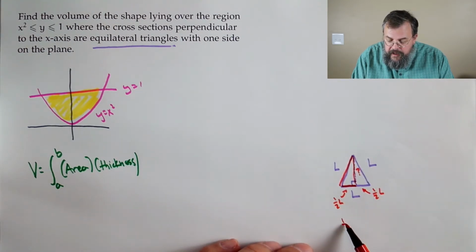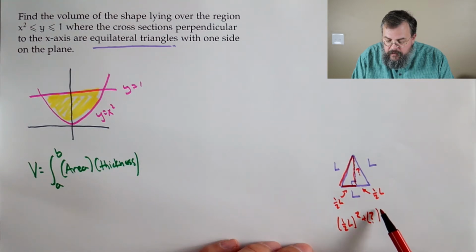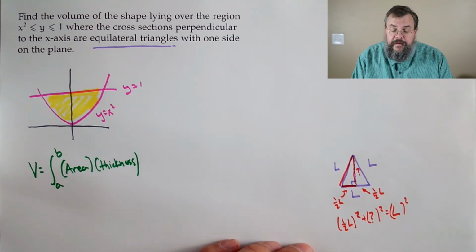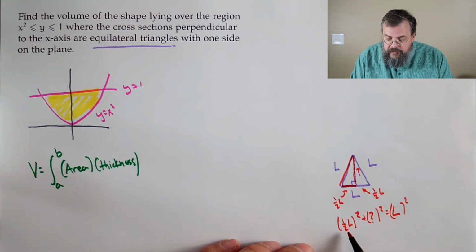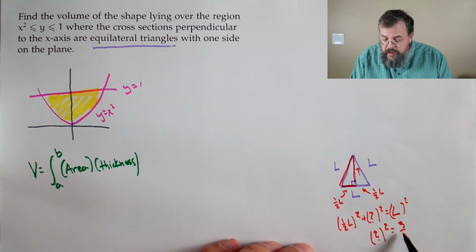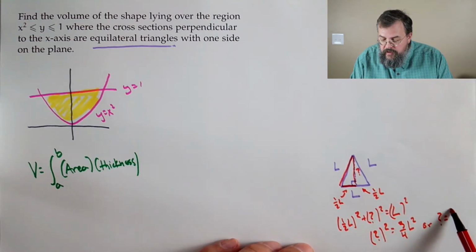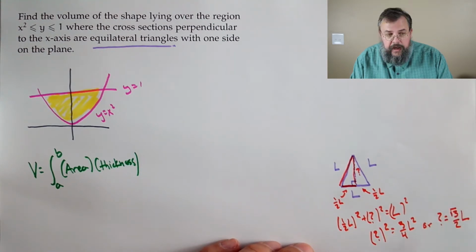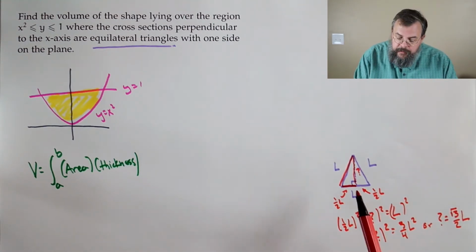Well, I have (1/2 L) quantity squared plus whatever that missing side quantity squared has to be L quantity squared. A squared plus B squared equals C squared. Well, I can move this across. That really is a fourth L squared, subtract L squared, says what I'm looking for, squared, is 3/4 times L squared, or my height would be, taking the square root, square root of 3 over 2 L. So that's my height.